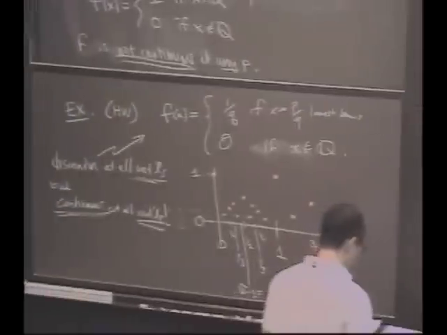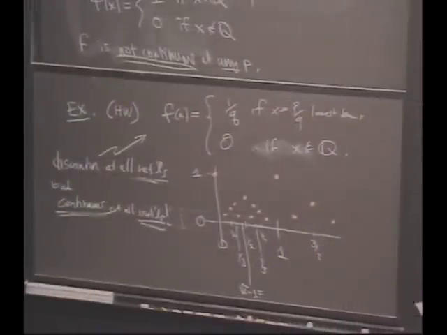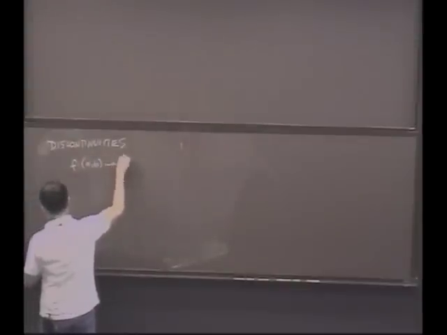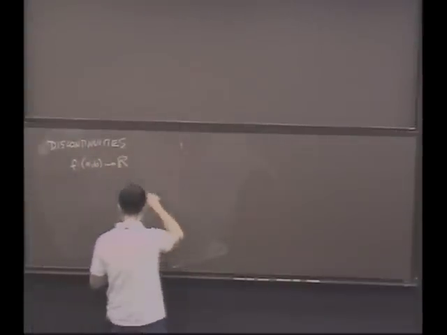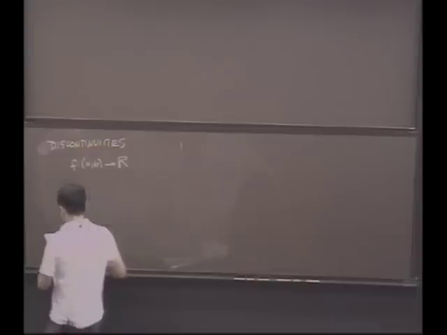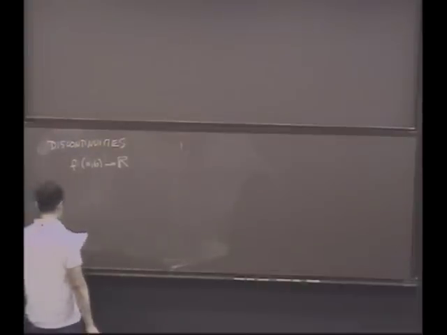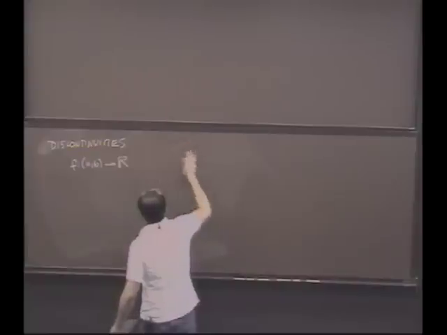So let's learn something about discontinuities. Maybe it'll shed some insight as to what's happening. We can try to classify discontinuities. So if you have a function, let's say from an interval into the real numbers, let's make a notation. Well, here's one kind of discontinuity you might have.